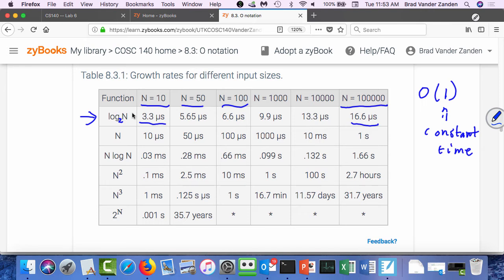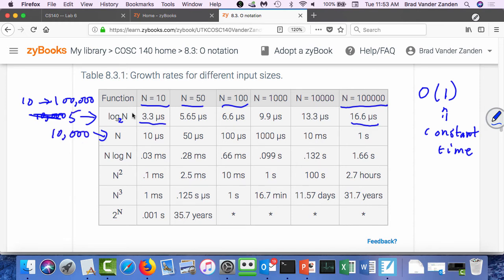From 10 to 100,000 is an increase of a factor of 10,000, and the running time of log n increases by only a factor of 5. For linear time, it increases by a factor of 10,000. It goes from 10 microseconds to 1 second.